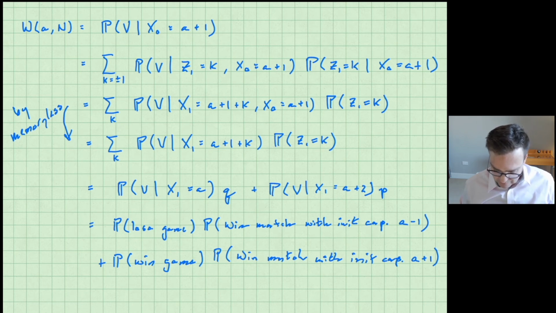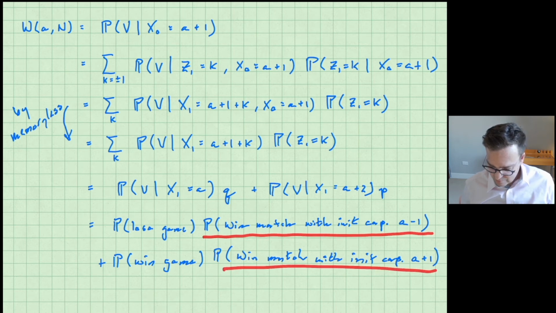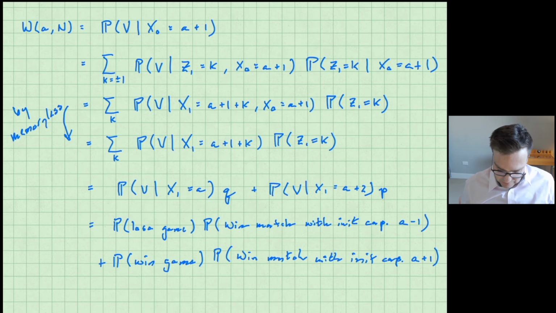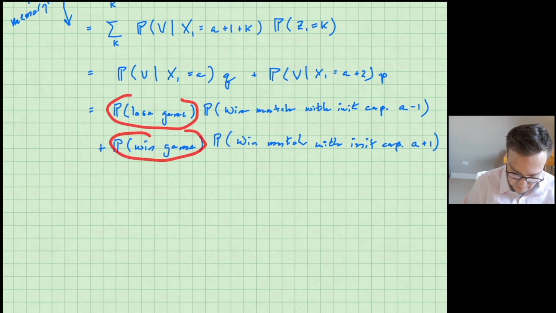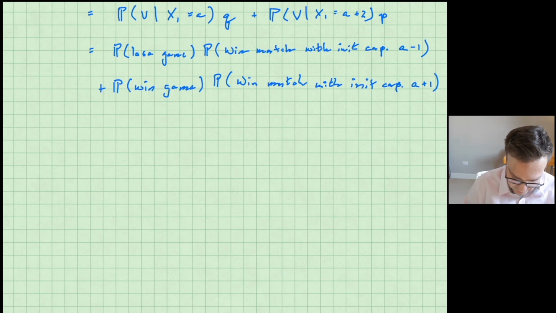And on the right-hand side, what we have is the probability of victory given two different values of initial capital, a minus 1 and a plus 1. And so that's how this looks. And over here, oops, that's Q, and this guy's P.